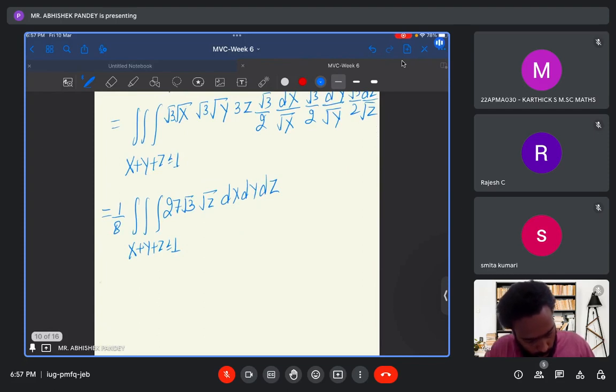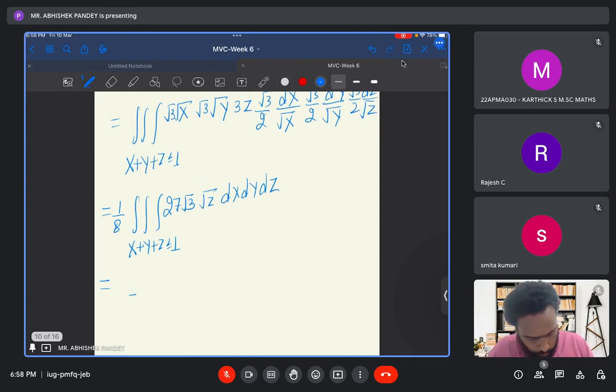So this is nothing but 3 to the power 1 by 2. Okay, so this is nothing but 8 into 27 root 3, over x plus y plus z less than or equal to 1.